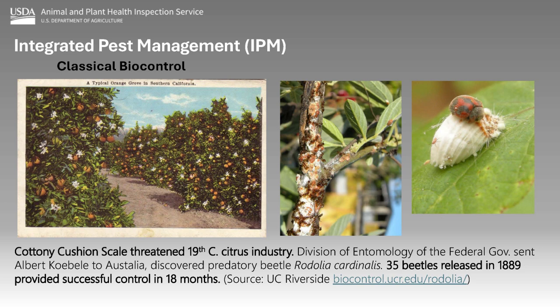A brave entomologist was dispatched to the scale pest's native range in Australia, and they found a darn effective and cute little predatory beetle. They released 35 of them and redistributed them throughout California and had almost immediately successful control. So that was way back, a very early example, and something like that gets people's attention.